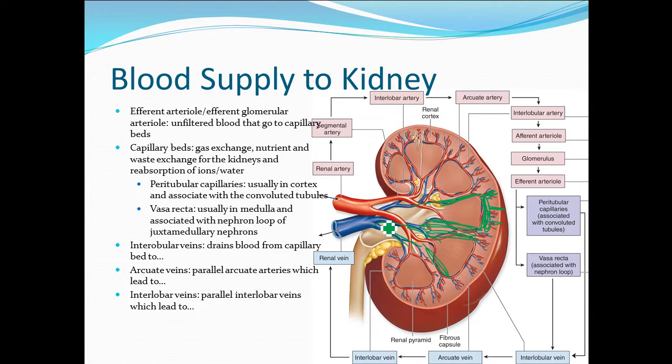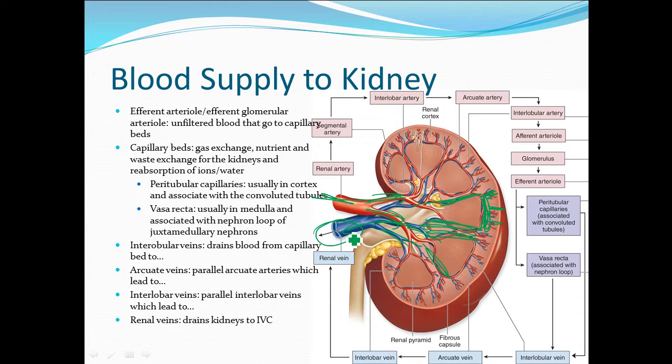And the thing that differs between the veins and the arteries is over here. Remember how we talked about the renal artery becoming the segmental arteries here? The veins, on the other hand, don't have a segmental vein. It goes straight into the renal vein itself.